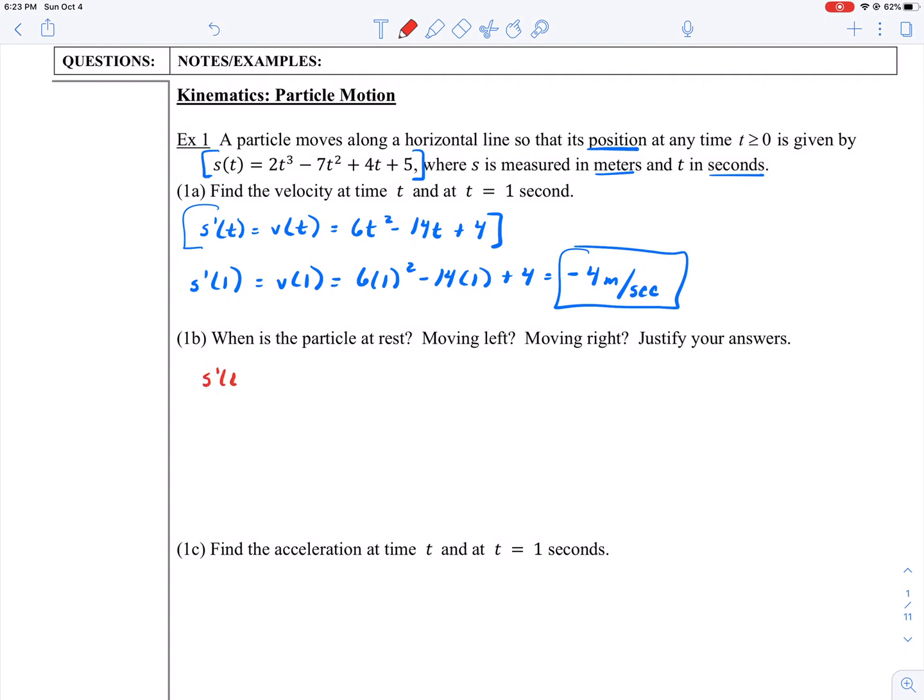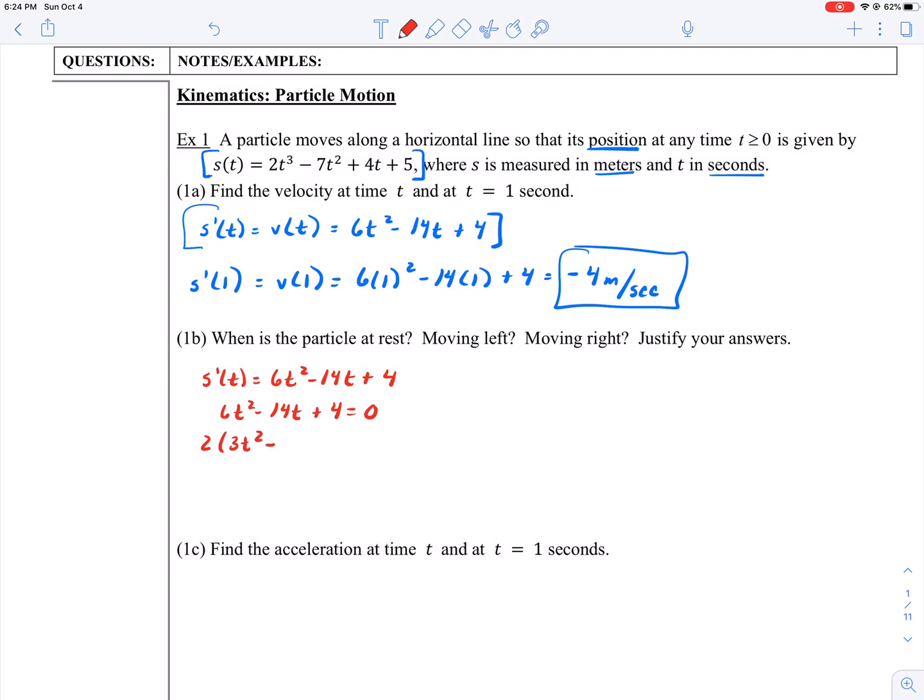So I've got S prime of t equal to 6t squared minus 14t plus 4. I had already done that, and I could have labeled that as v of t. That would have been fine. But now I need to factor that and set it equal to 0, so I'm going to show that step, that I am setting the velocity equal to 0. Now I'm going to go through the factoring process.